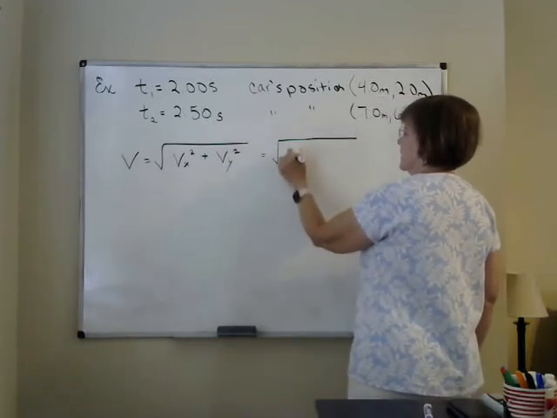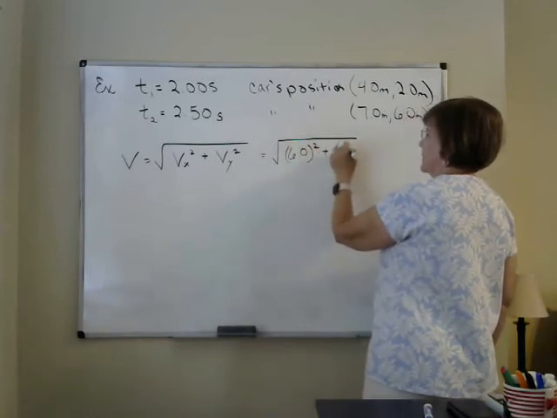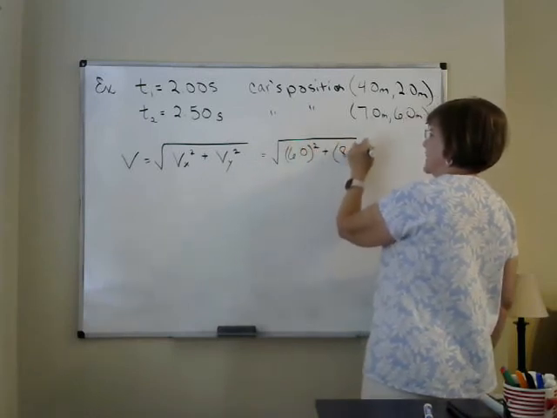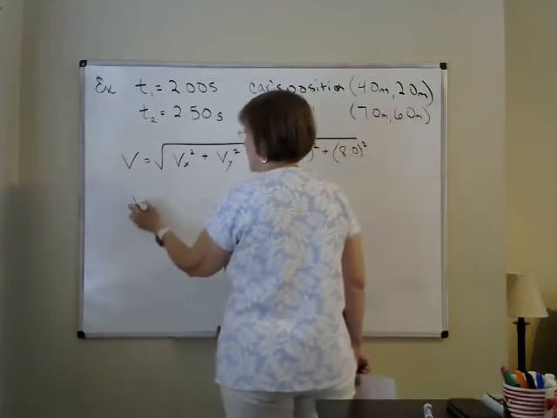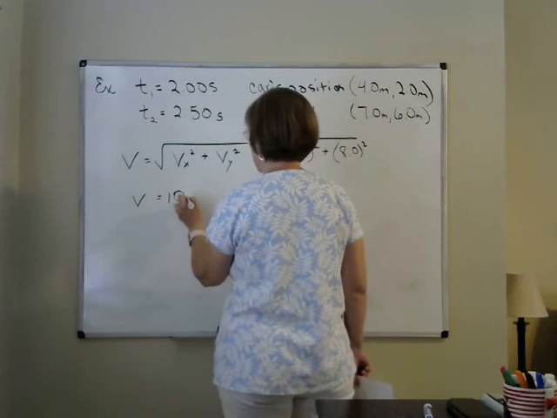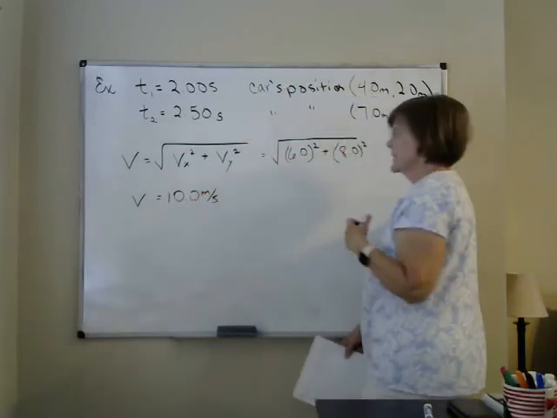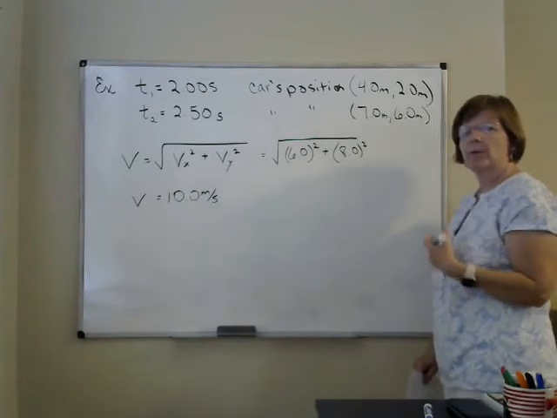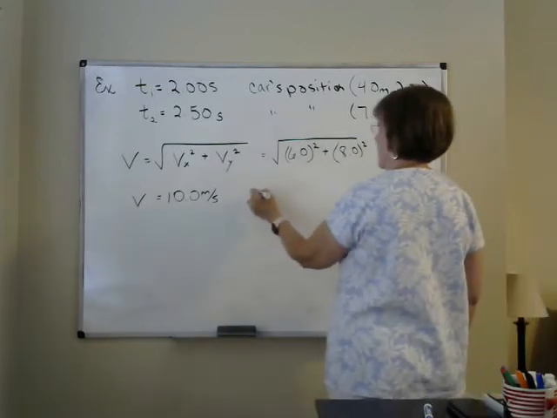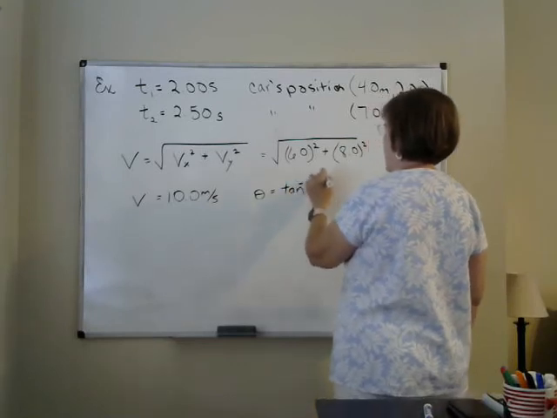You probably should already know the answer to this one. The x component was 6 squared. The y component was 8.0 squared. We solved this, and the magnitude of the vector comes out to be 10.0 meters per second. To get angles, remember we use tangent inverse. Theta is equal to the tangent inverse of y over x.